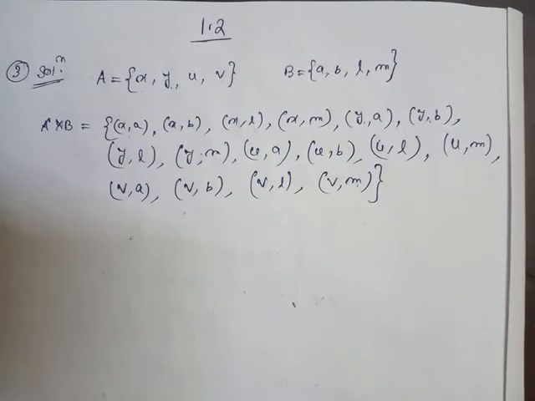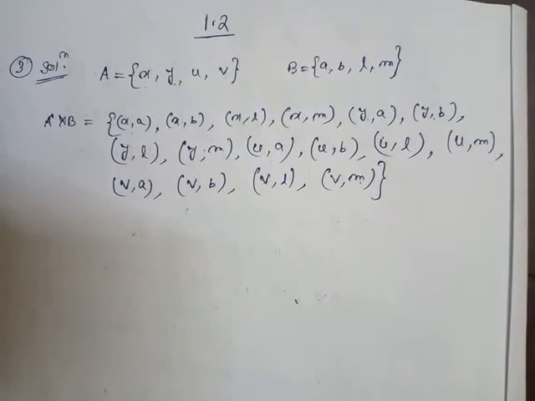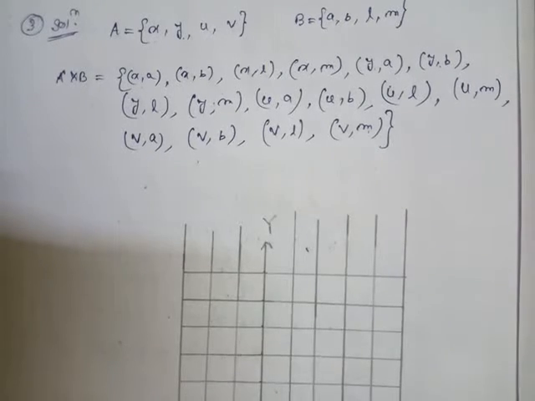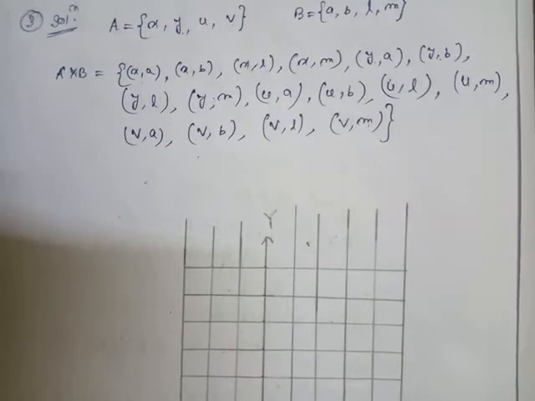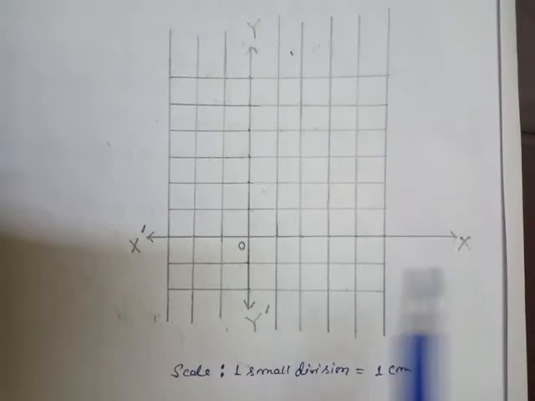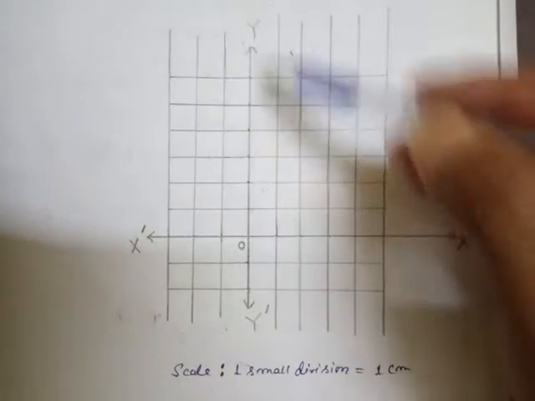Now let's have a look at how to plot all the elements into the Cartesian plane. Students, look, these are the elements which I want to put into the Cartesian plane. Here I made one Cartesian plane, XOX' and YOY'. This is the x-axis and this is the y-axis.